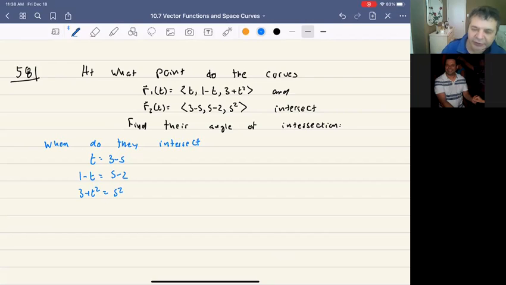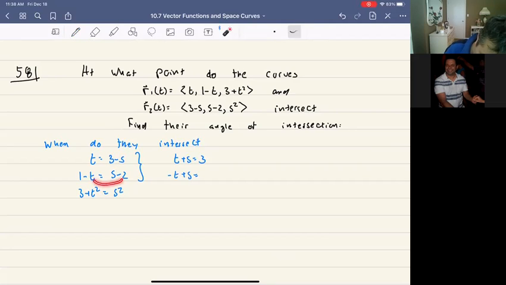Okay, so let's take a look at those first two equations. I'm going to write that as t plus s equals 3. Okay, and the other one I'm going to write as what? Negative t plus s. I'm moving everything over to this side. Oh, no. T plus s equals 3. So I was going to go as t plus s equals 3.